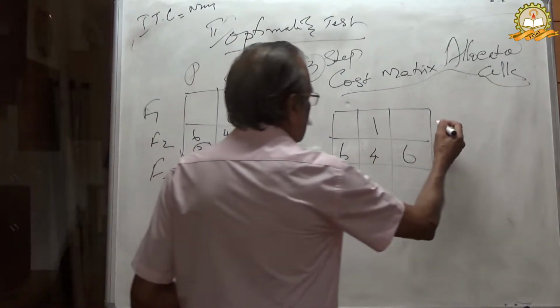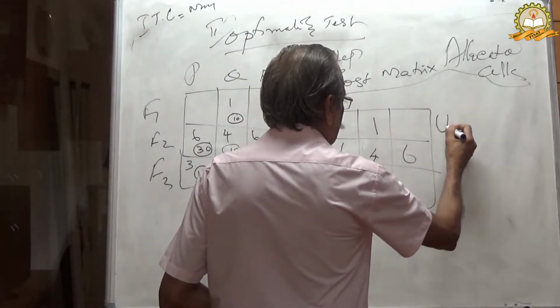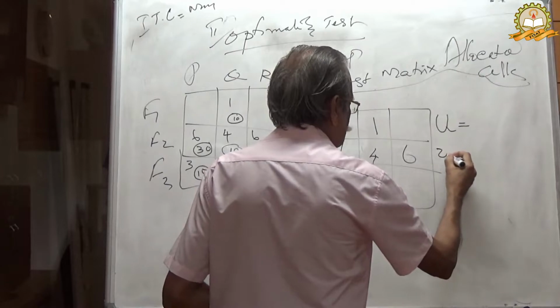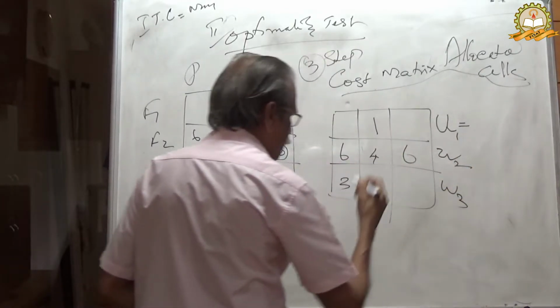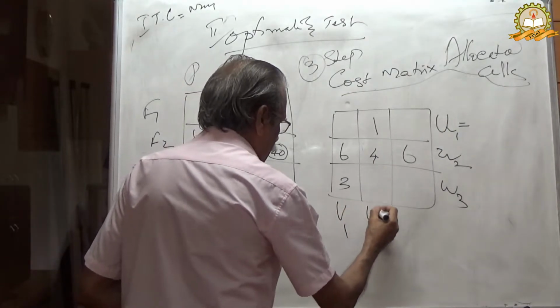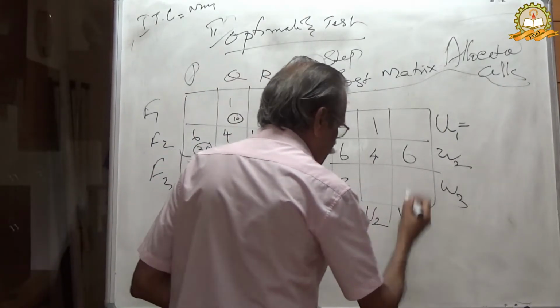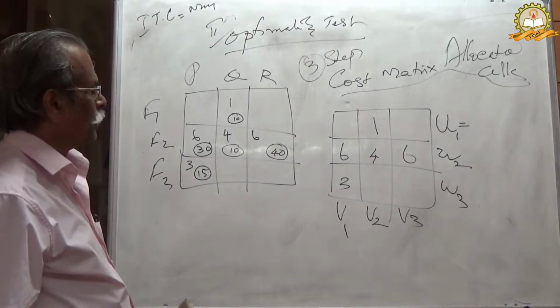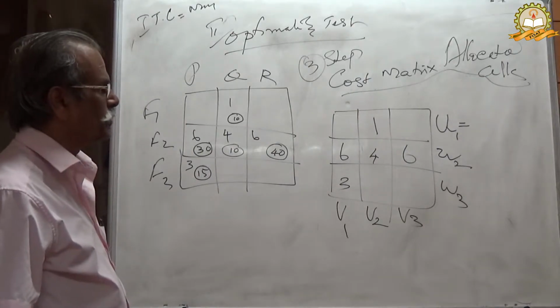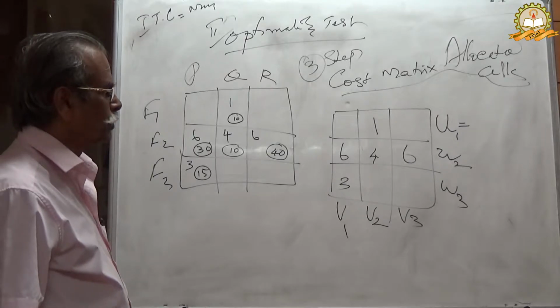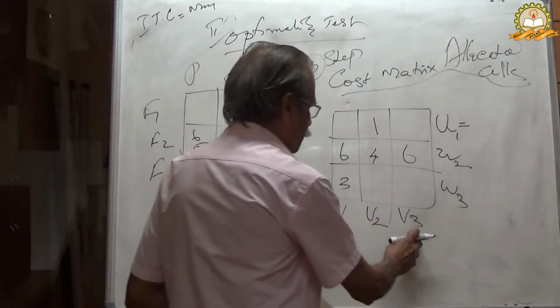Then here you mention U1, U2, U3, V1, V2, V3. We are writing only the cell values of the allocated cells, and you mention U1, U2, U3 and V1, V2, V3.